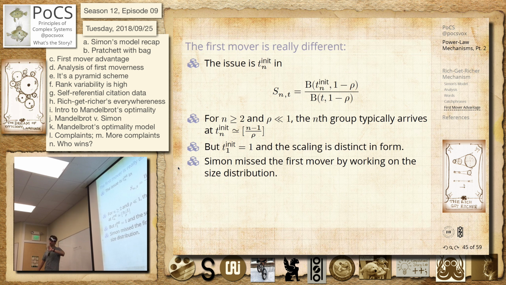And so Simon misses this because he looks at the size distribution. We're getting out the rank distribution, the Zipf rank thing. We're going straight for it. He was looking at the size distribution. And if you look at the size distribution, there's this one, and you imagine a Gaussian, so you have this infinity of things in here.